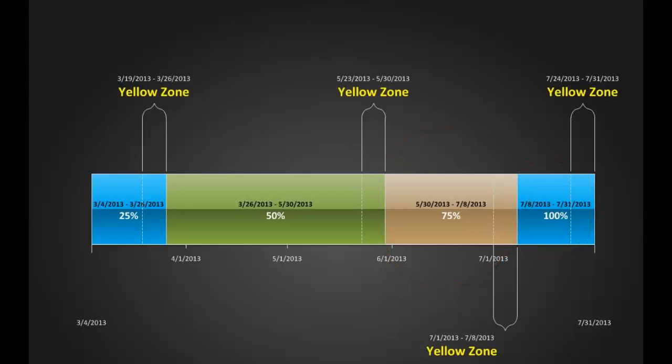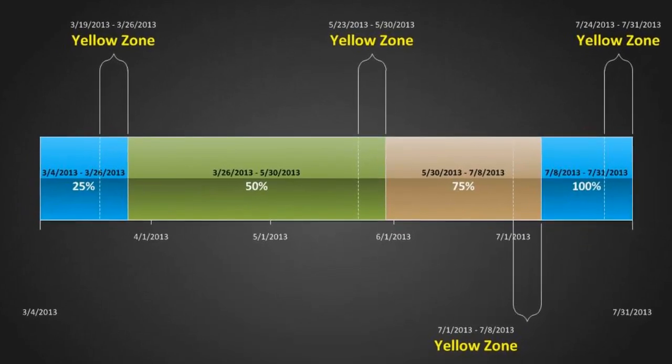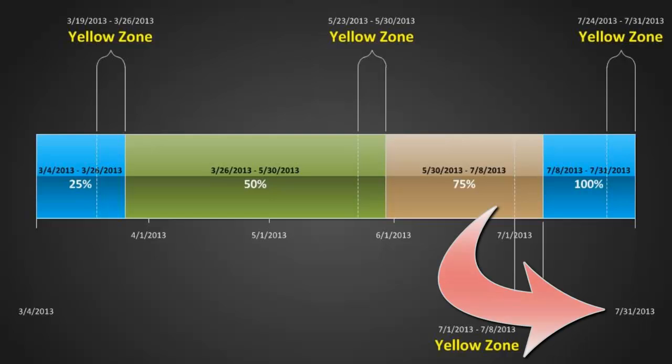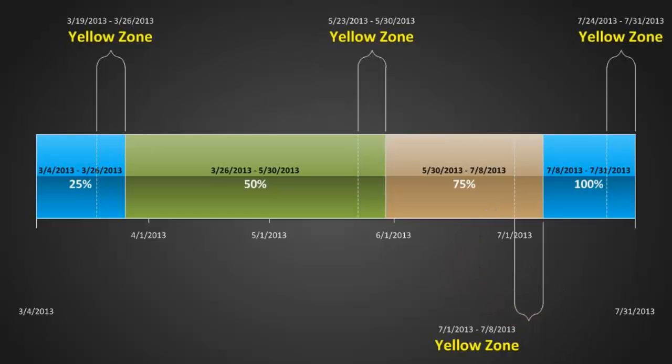In this particular project timeline, the project begins on March 4th, 2013 and is scheduled to be completed on July 31st, 2013. Note that the quartiles are not equally spaced in duration. This is in keeping with how real-life projects often operate. It sometimes takes longer to do one stage of a project than another.